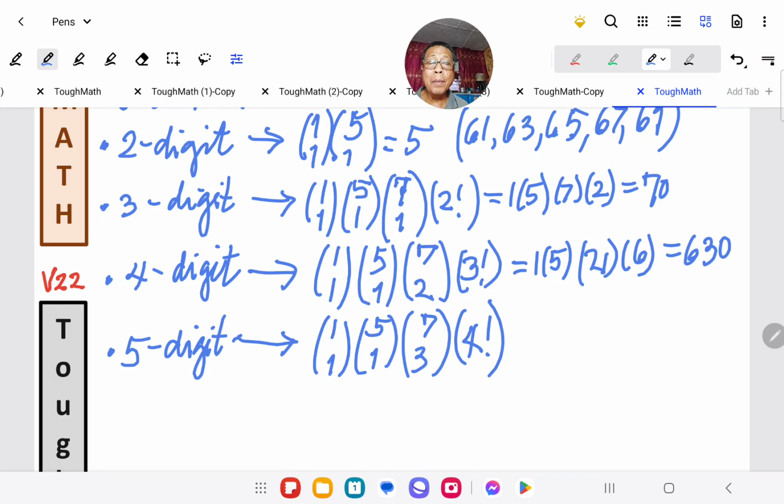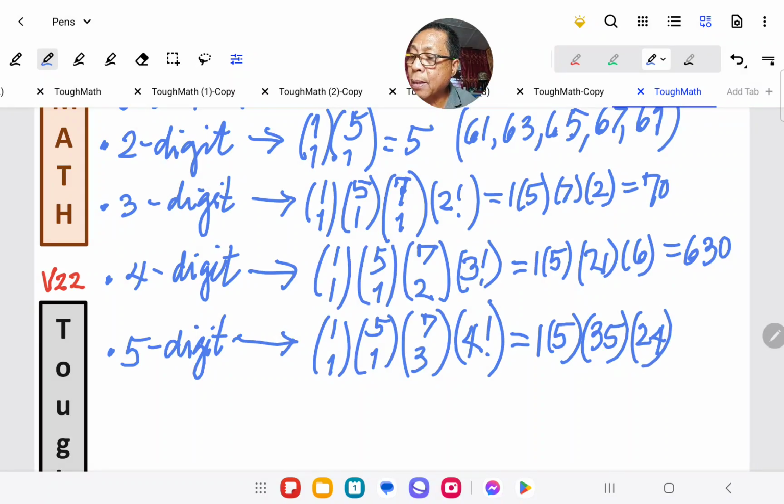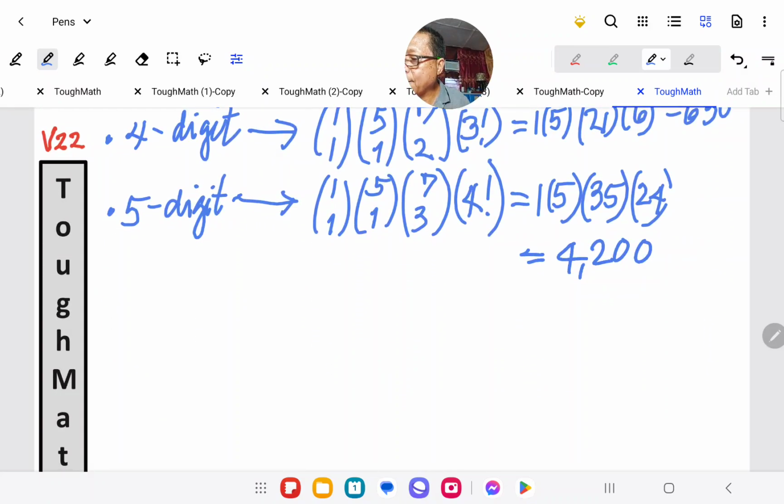Okay, that's the number of ways of permuting the 4 other digits. And so we are left with 1 times 5 times 35 times 24, which gives us 4,200 such numbers.